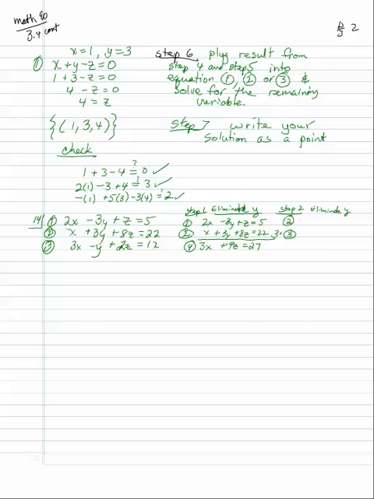So for equation 2, we can leave it alone: x plus 3y plus 8z equals 22. 3 times equation 3 is 3x minus, oh, we got to times it by 3, so it'll be 9x. You got to times everything by 3.